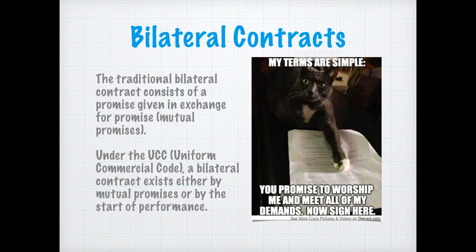Now, the Uniform Commercial Code I'm going to bring up because with a unilateral contract or a bilateral contract, if it's between you and me as individuals, then traditional contract law, common law, and statutes apply. However, if one of us or both of us is a merchant or a business, then different standards apply to us. And the law that covers us is called the Uniform Commercial Code.